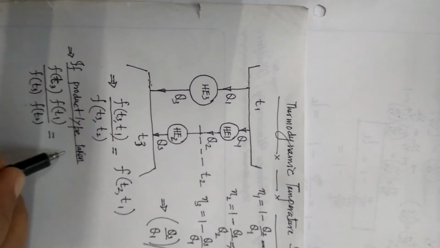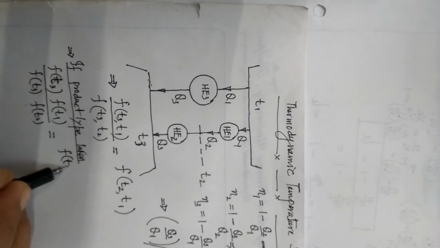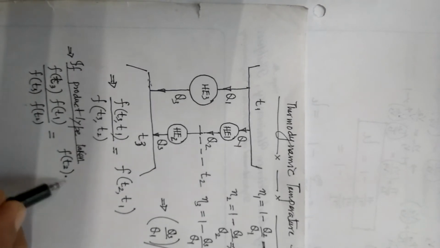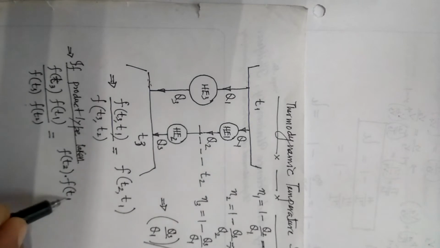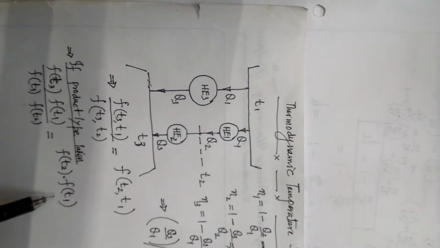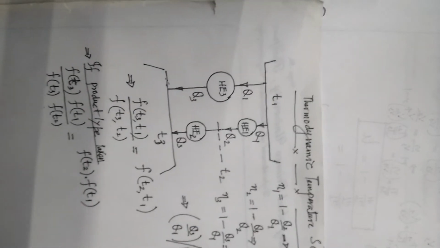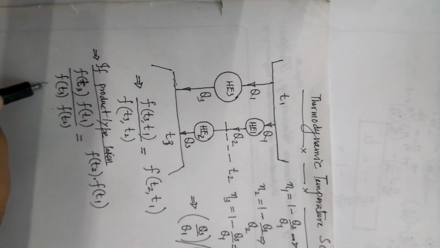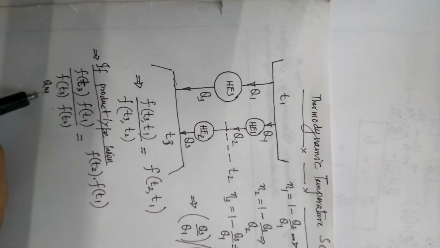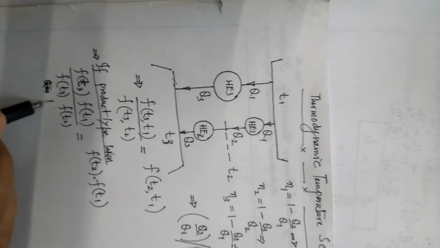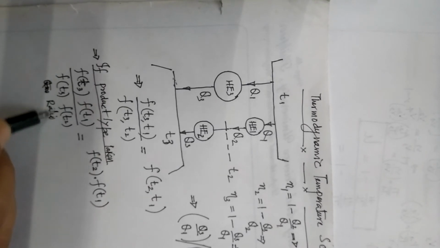That should have been equal to f of T2 into f of T1. So you see it's not matching. So what is the other possibility? So the quotient type or the ratio type.